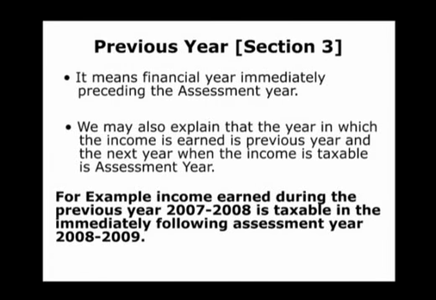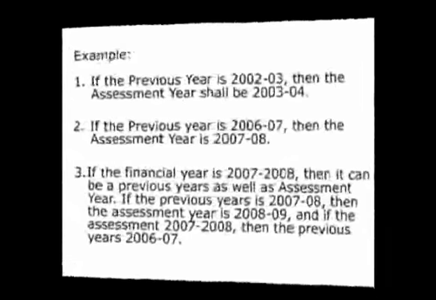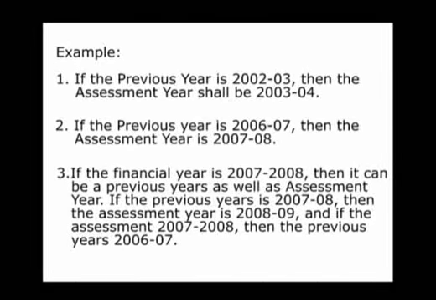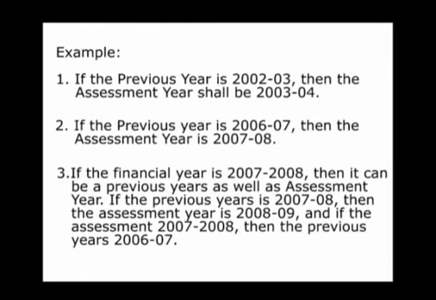It means 2008-2009 is my assessment year, and 2007-2008 is my previous year. So as per the definition, it is clear that the financial year which immediately precedes the assessment year is my previous year.